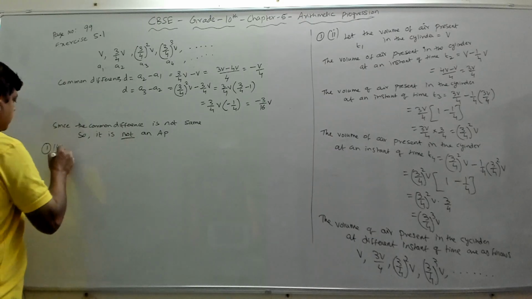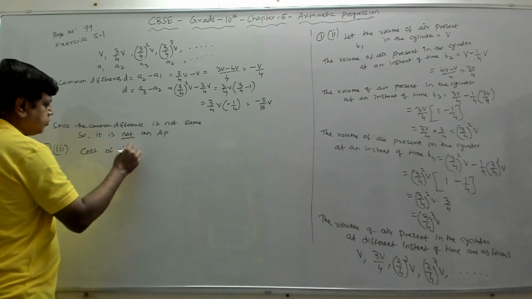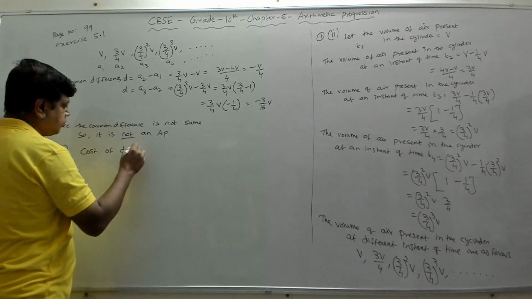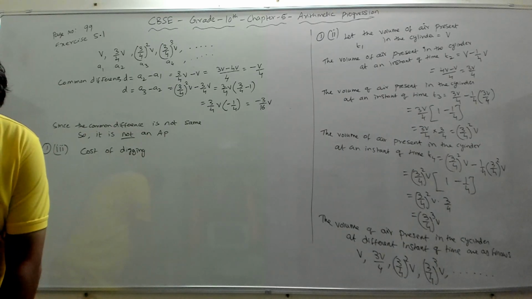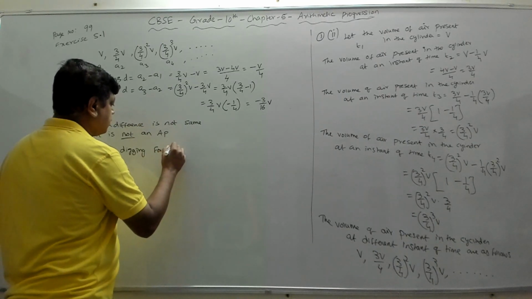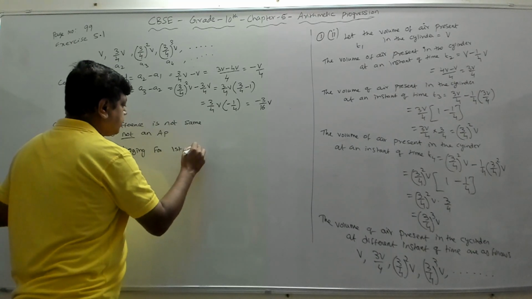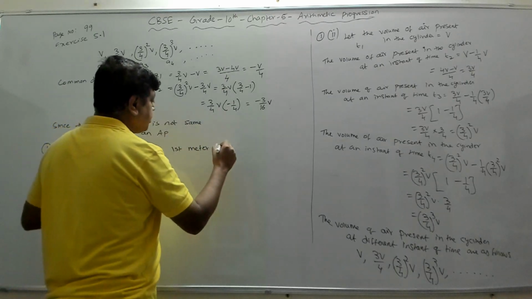So they are saying the cost of digging, right? Cost of digging for the first meter is how much? Rupees 150.